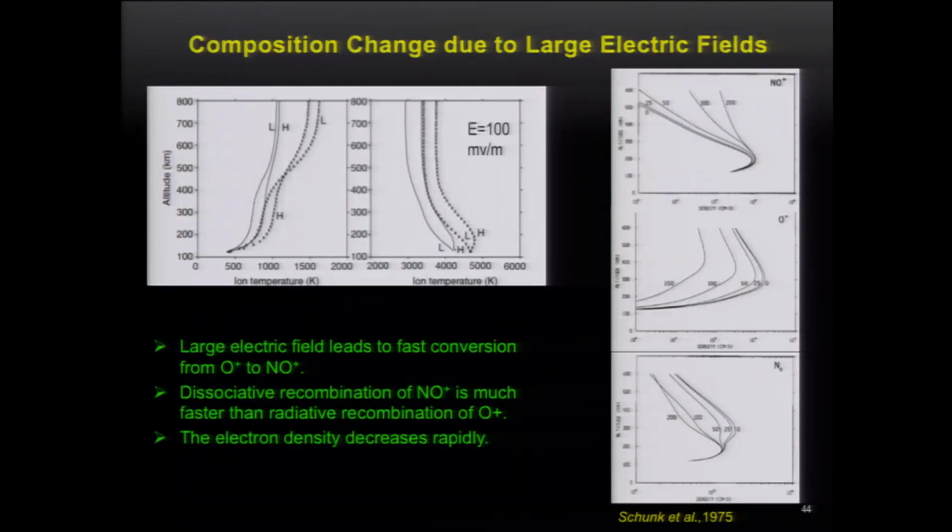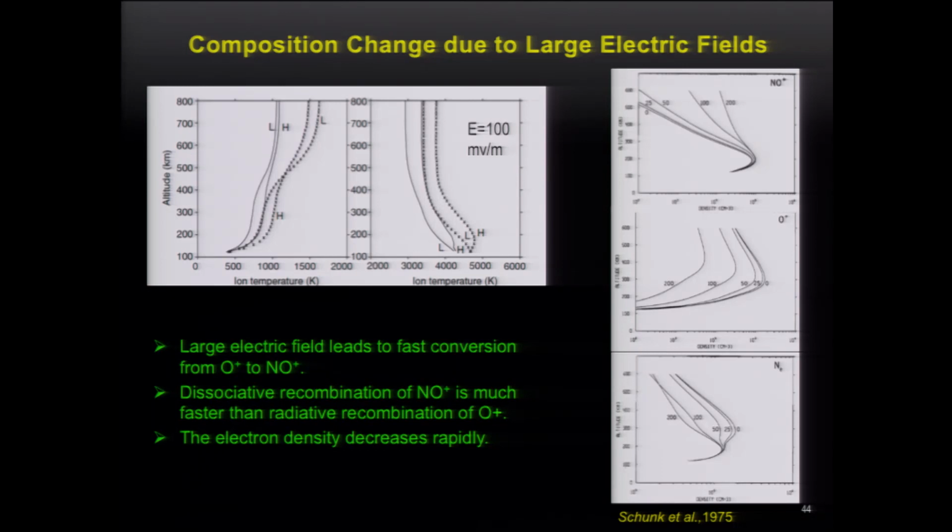I have another slide just showing the effects due to a large electric field. If the electric field is 0, this is what the typical ion temperature profile would look like from lower to higher altitude. At the bottom part, the ion temperature is determined by the neutral temperature because of frequent collisions. But at a higher altitude, the ion temperature starts to increase, because the Coulomb collisions between the ions and the electrons are more important.